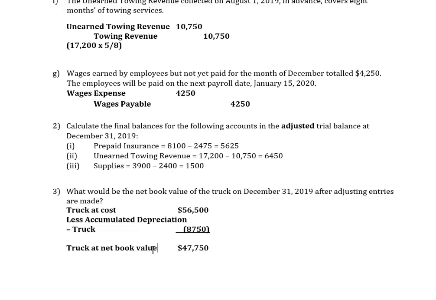Well, we just bought the truck this year in January 2019, and we've only so far booked $87.50 in accumulated depreciation, so we're only going to have $87.50 in accumulated depreciation, which is going to leave us with a net book value of cost less accumulated depreciation to give us the net book value of $47,750.